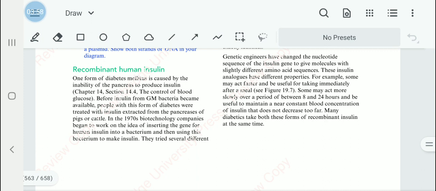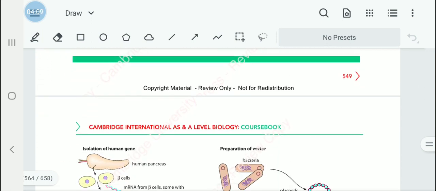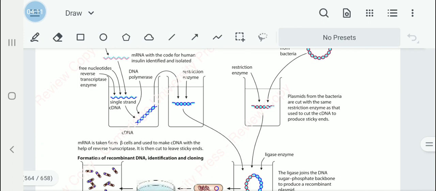Another recombinant insulin would act for a period between 8 to 24 hours. That will manage the insulin content, and thereby maintain the balance of blood glucose level.